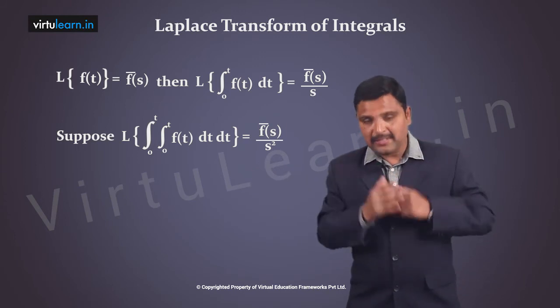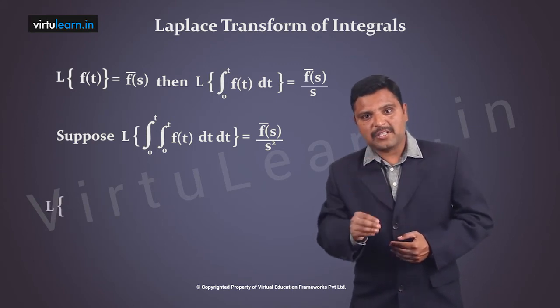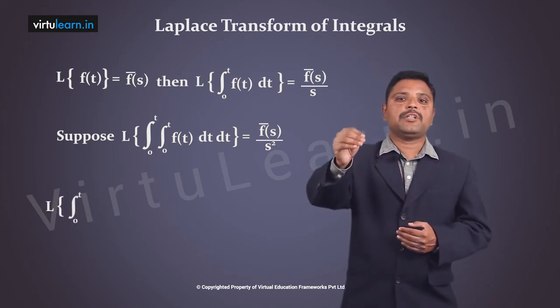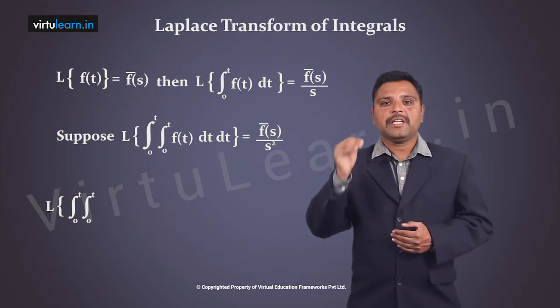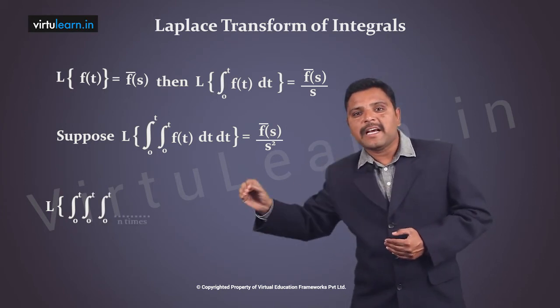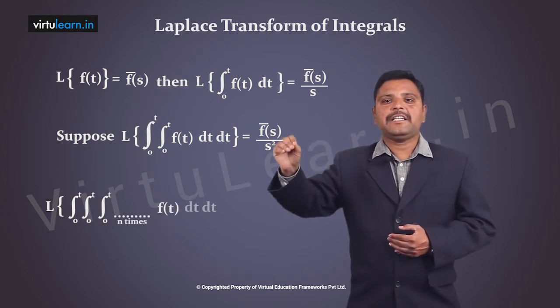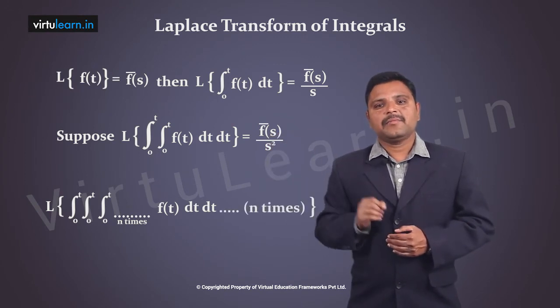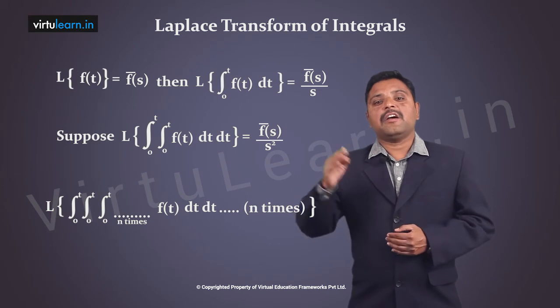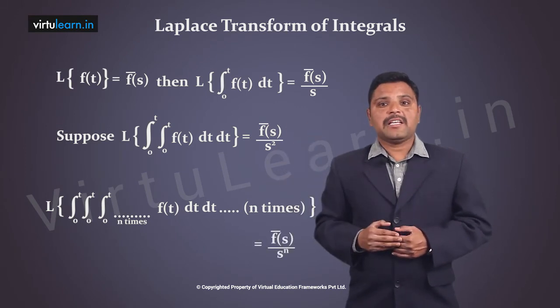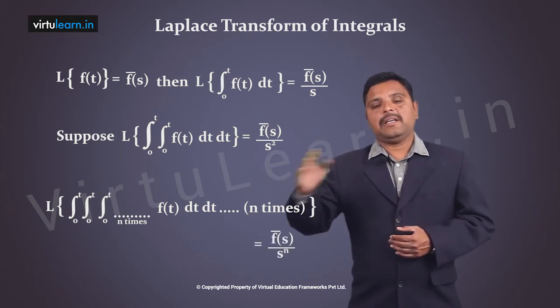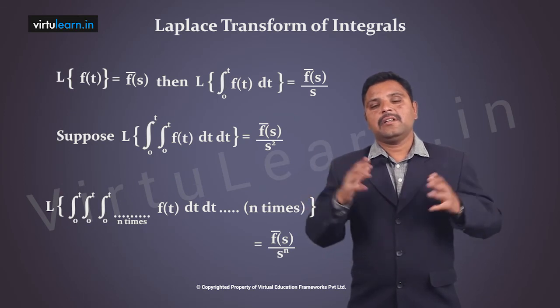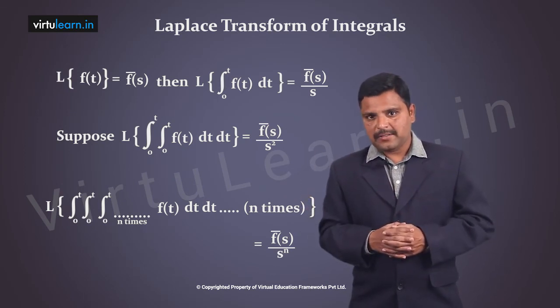Similarly, the Laplace transform of the integral 0 to t, n times, of f of t dt, then the answer is f bar of s by s power n. This is the Laplace transform of integrals.